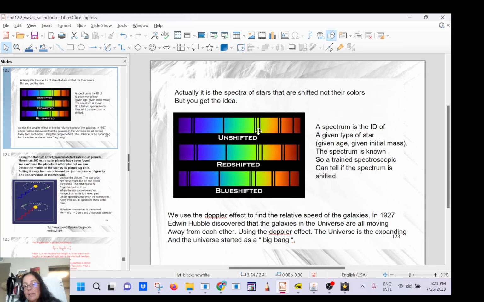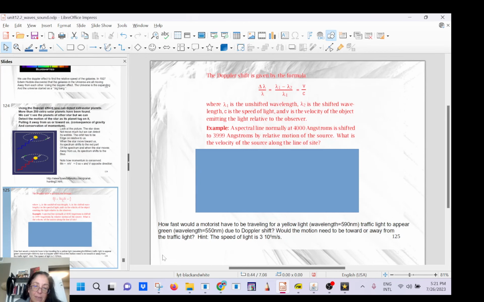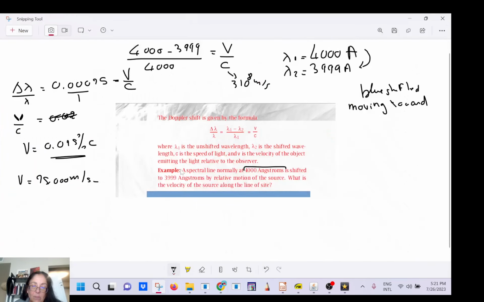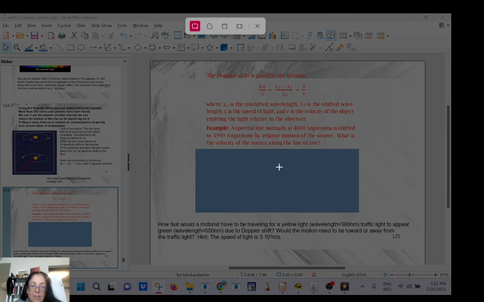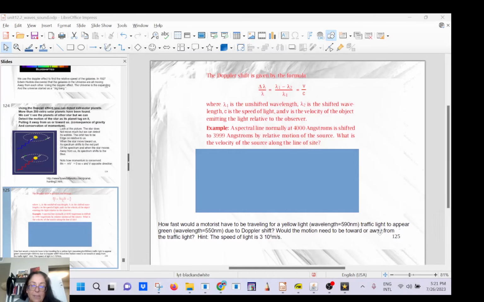That's the blueprint for some elements. So that could be, for example, hydrogen, that means you have hydrogen. This one means maybe you have calcium. Just giving you the idea. That's the idea.